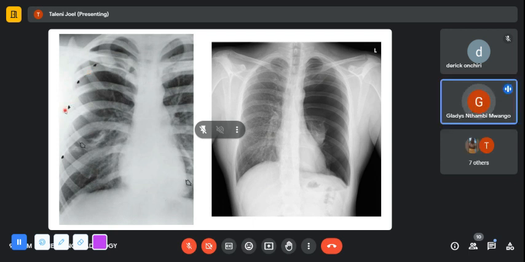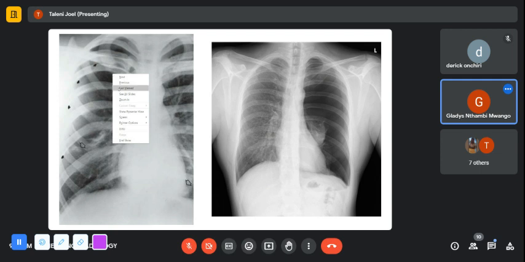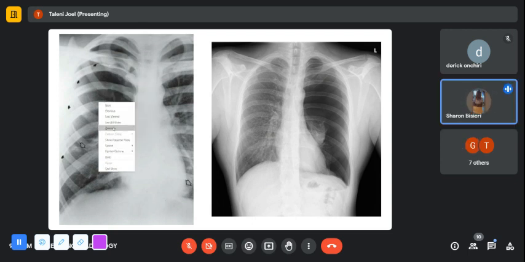What do you call that line? The pleural line, the visceral pleura. And lateral to it? If you can magnify the image or zoom in. We've said we won't see any vascular markings, so we are not seeing that.